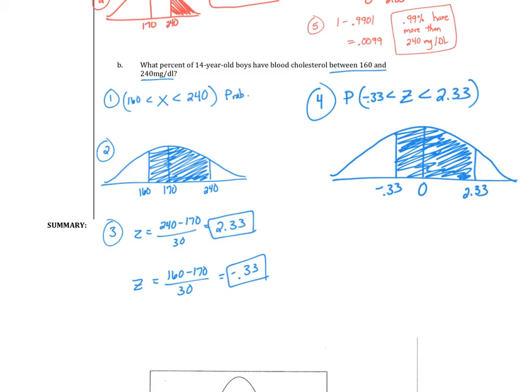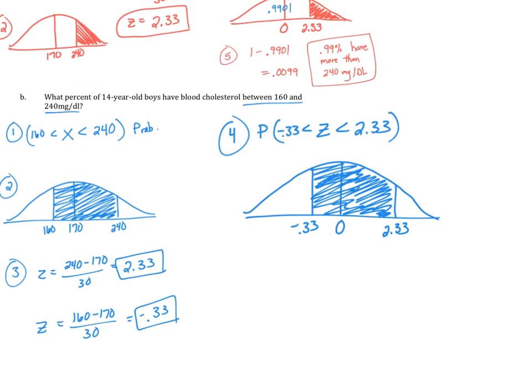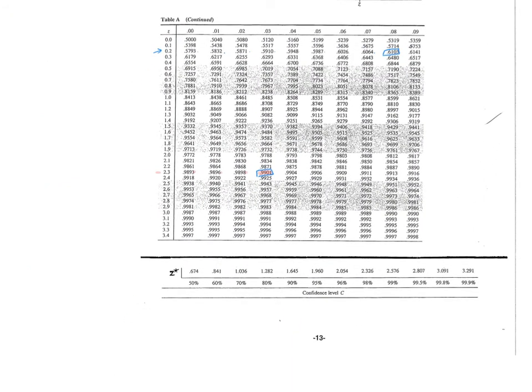So let's look up 2.33. 2.33 is actually right here. 0.9901. So the bigger one gave us, I'm just going to put in red here, 0.9901. Now we've got to look up negative 0.33. So I scroll down here, negative 0.33. Got to find the negatives.